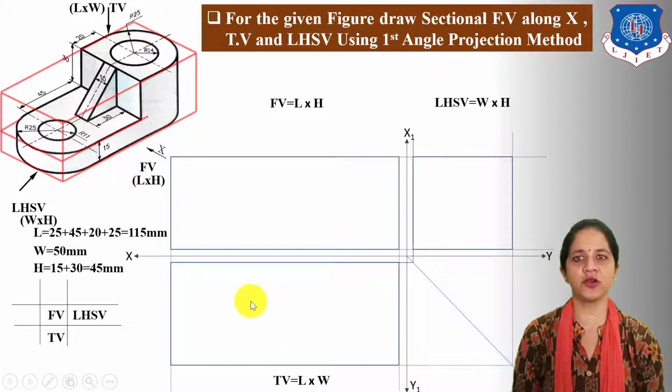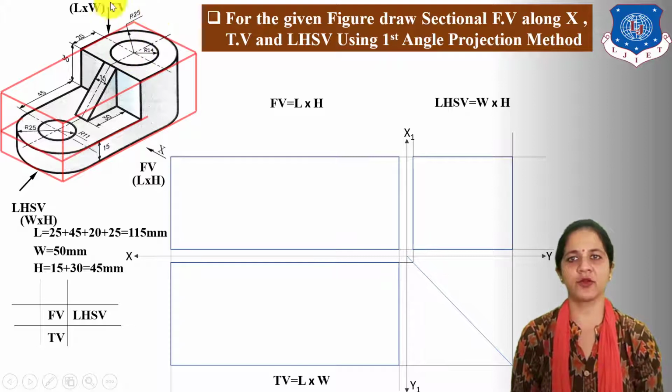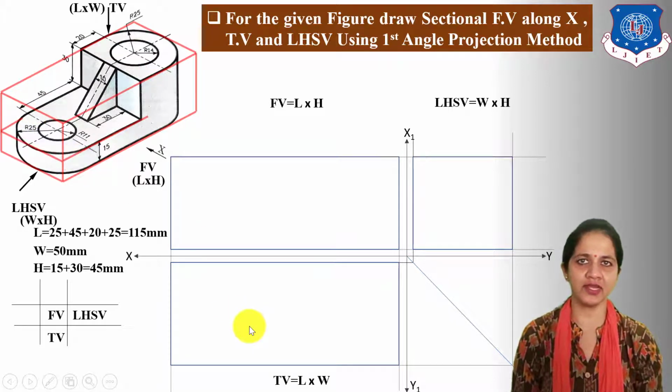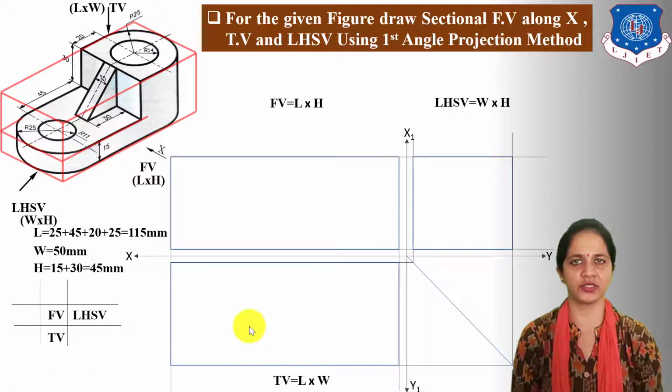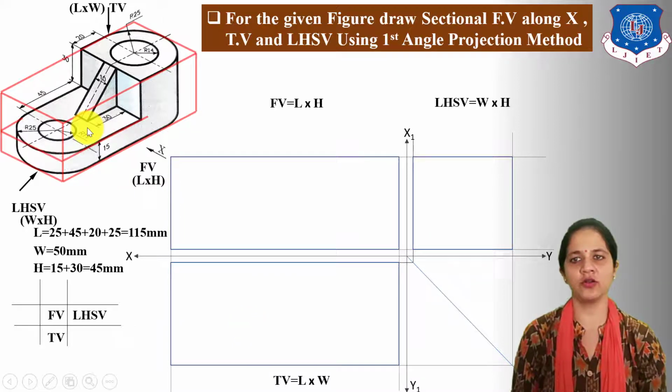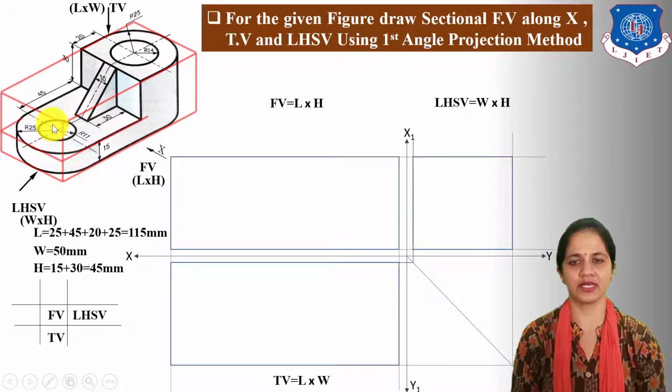Next, first draw the top view in the top view box, because from the top direction we can see the true shape of the circle and semicircle. So that is the easiest way of starting the projection. Next draw the center lines of these two circles.